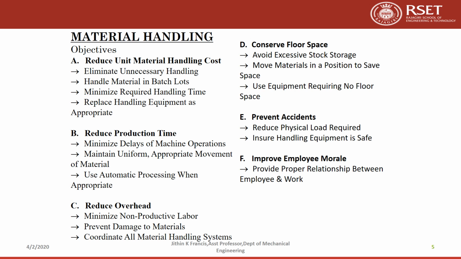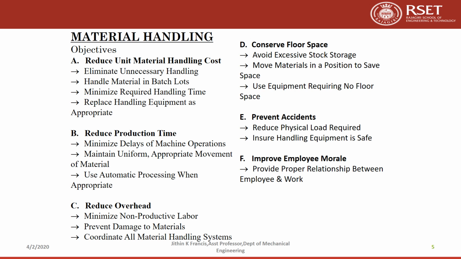The next main objective is to reduce the production time. How can we reduce the production time or the cycle time of the production system? We can reduce or eliminate the delays in the machine operations. This is possible by reaching the right quantity of materials and the right tools at the right time.